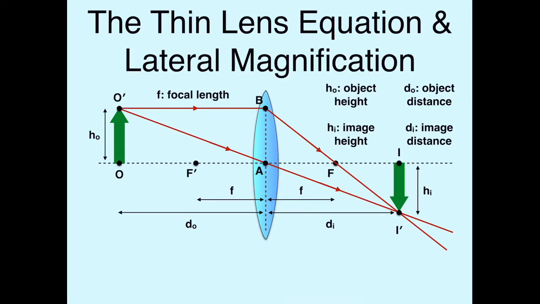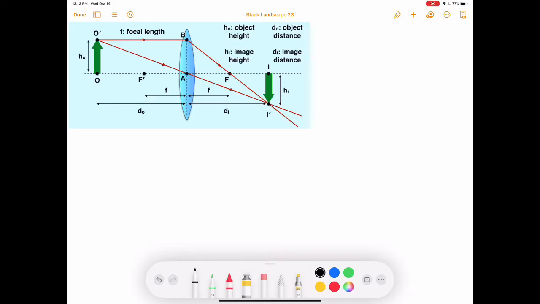So we have these different distances here. I've also labeled a whole bunch of points, which we'll refer to as we go through the derivation. So we have O and O prime, I prime, A, B, F, and F prime. These are just different points that we'll refer to as we do the derivation. Okay, so we'll start by noticing that in this diagram, we have two pairs of similar triangles.